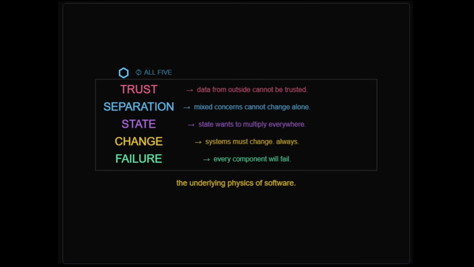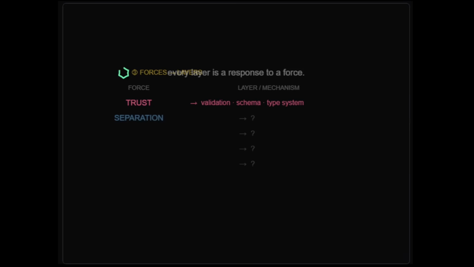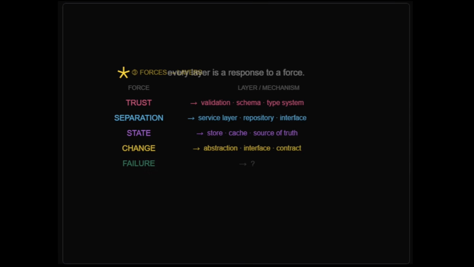Every store, every cache, every source of truth exists here. Change. Systems must change. Every abstraction, every interface, every contract exists here. Failure. Every component will fail. Every error handler, retry, and fallback exists here.